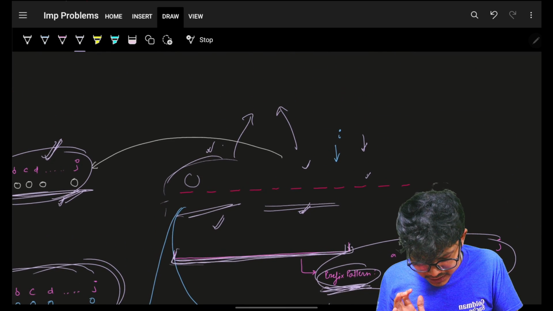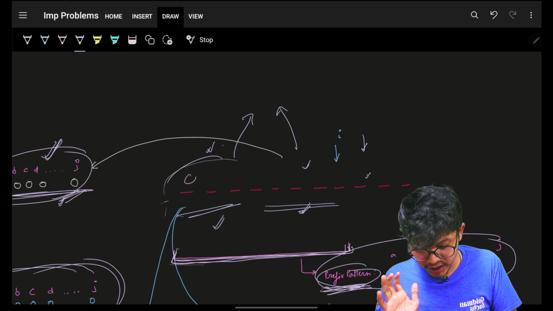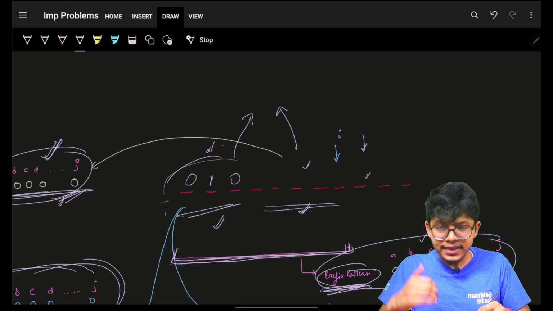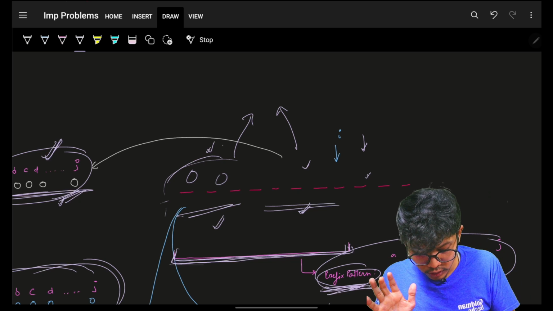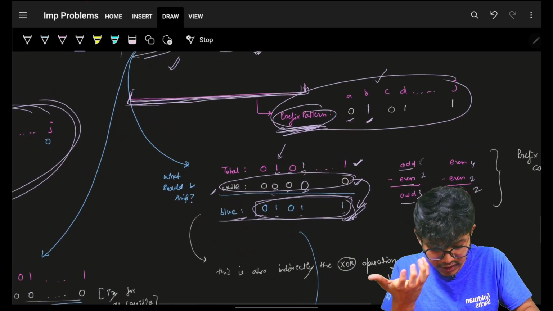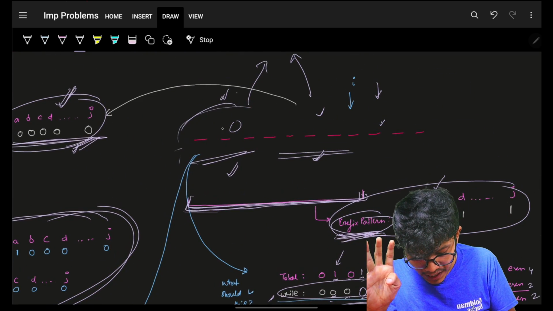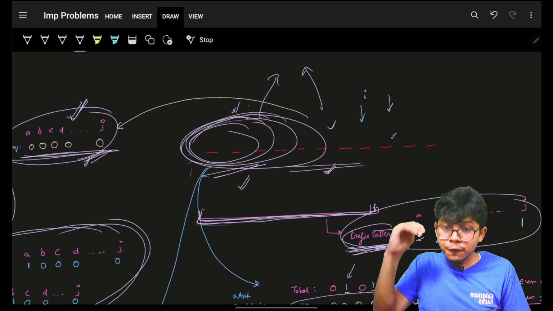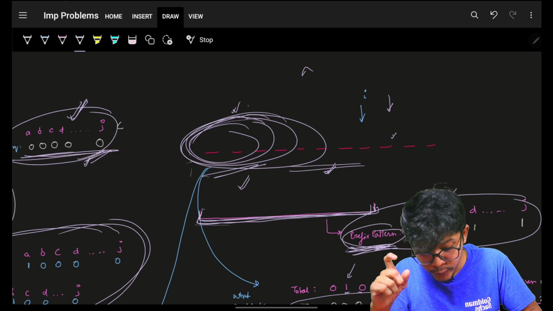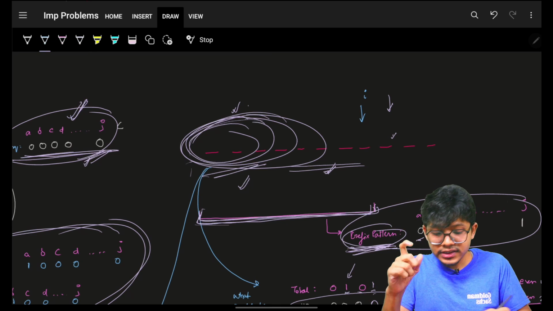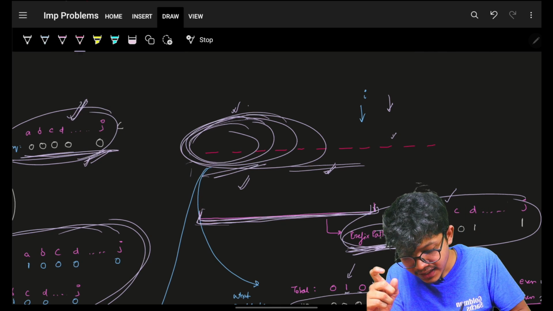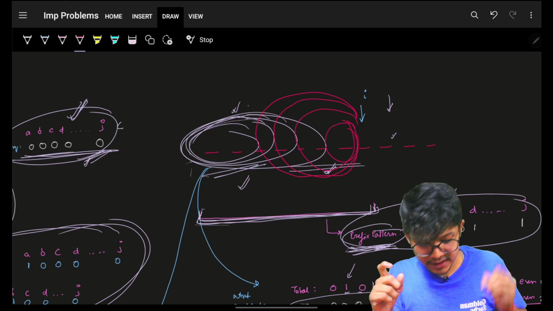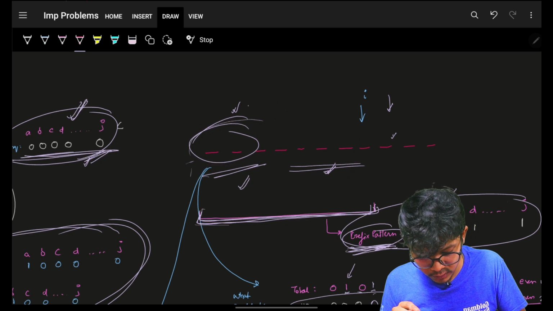I am not going for the exact value, but let's say I wanted some 0 1 0, and that is occurring 1 time here, and let's say that specific blue pattern is occurring 4 times. So I can have 4 such prefixes, 1 2 3 4. If I have 4 such prefixes of the blue pattern, technically I can also reverse the same thing and say that I will have 4 such pink patterns. You saw how I made it, and that is what I wanted.